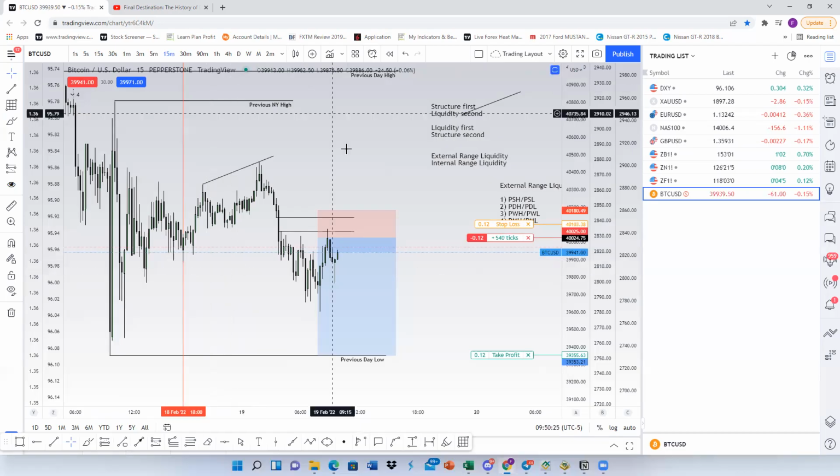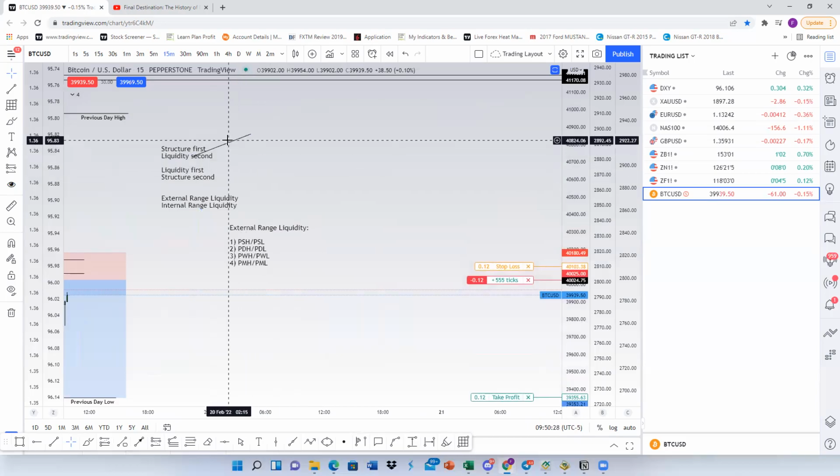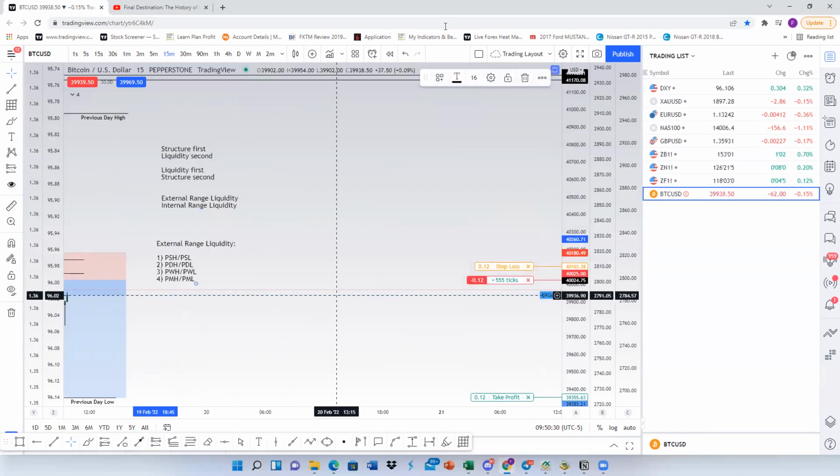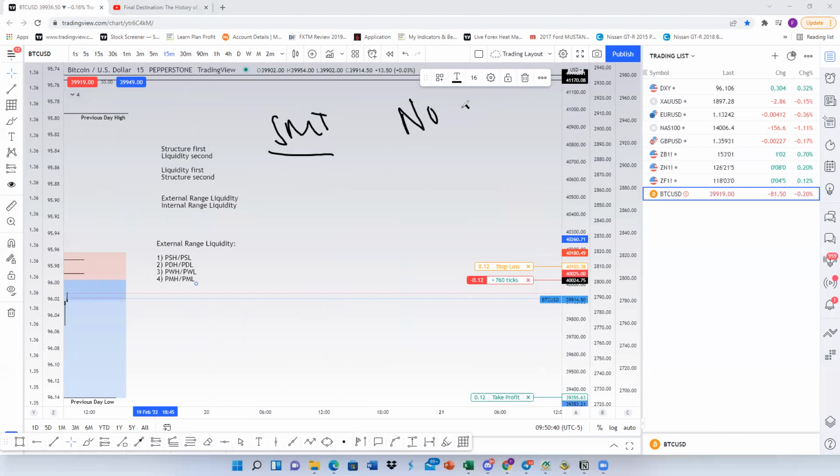So to summarize, you have SMT, minimal retracement.